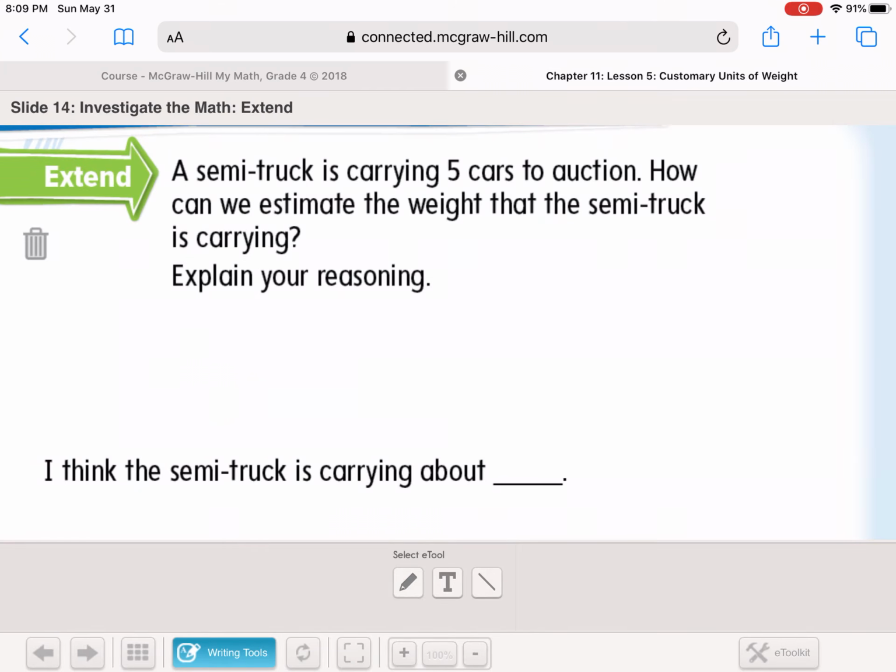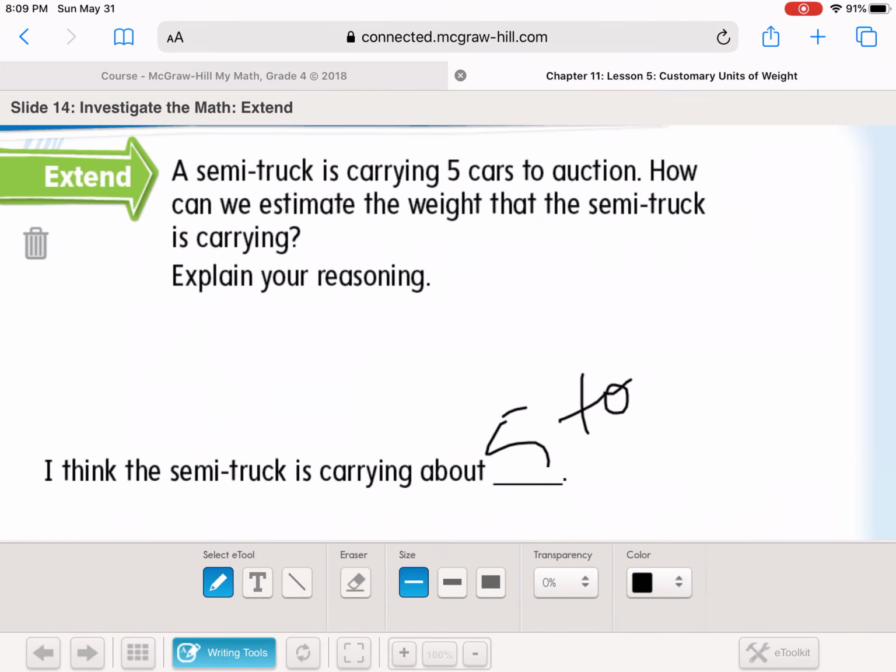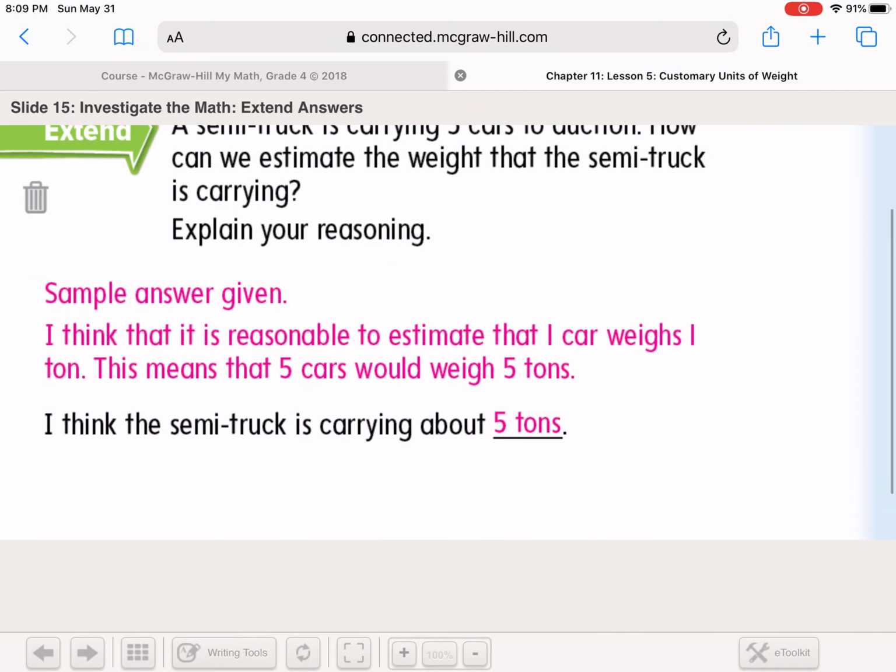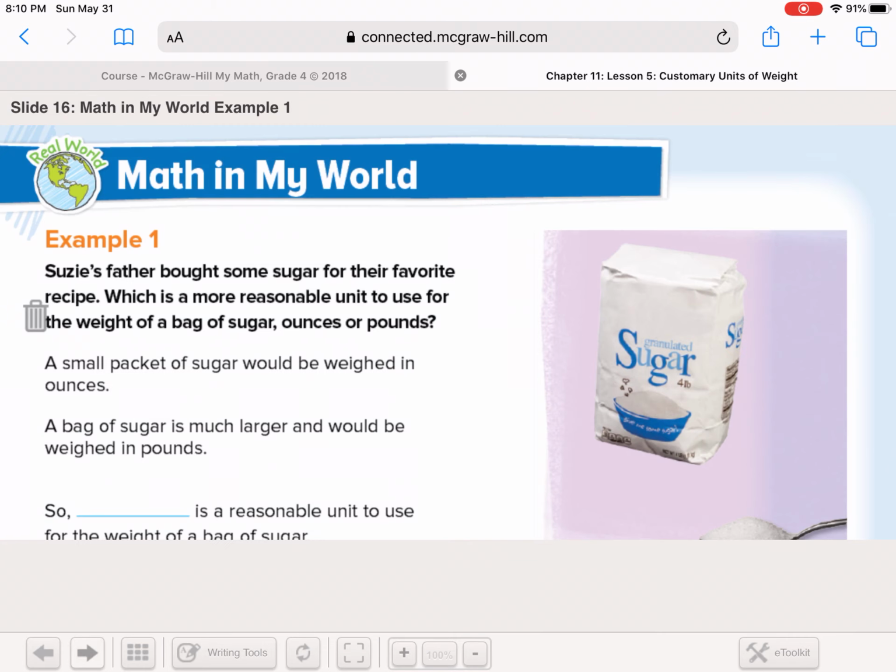So it's probably about 5 tons, right? And same thing that I said. A car weighs about a ton. There's 5 cars on there. It's about 5 tons that he's carrying. Then the weight of the truck is different. Okay.